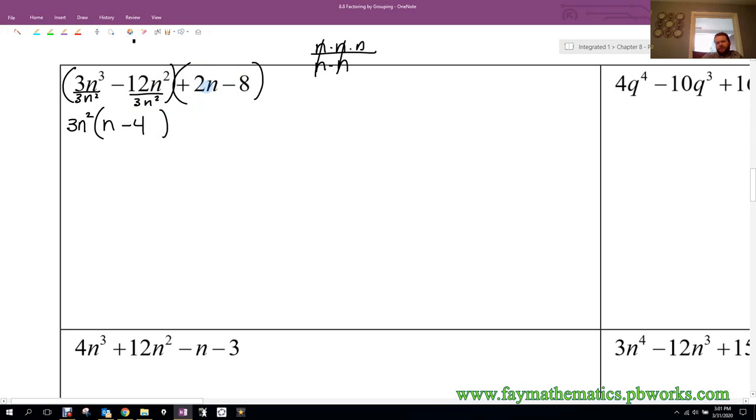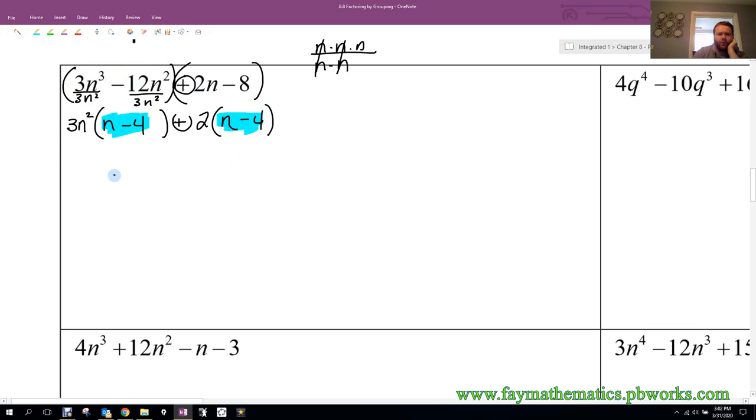Back here, okay, they both are divisible by 2. So this sign right here is always going to be the same as what that one is. So plus, bring a 2 out, and then 2n divided by 2 is n, and then negative 8 divided by 2 is negative 4. So now, remember the goal was that what was left in the parentheses was the same, and they are.